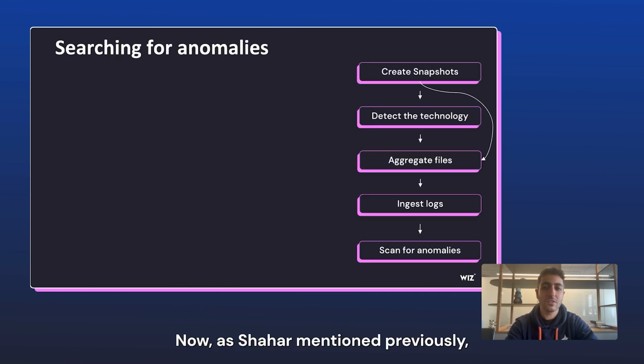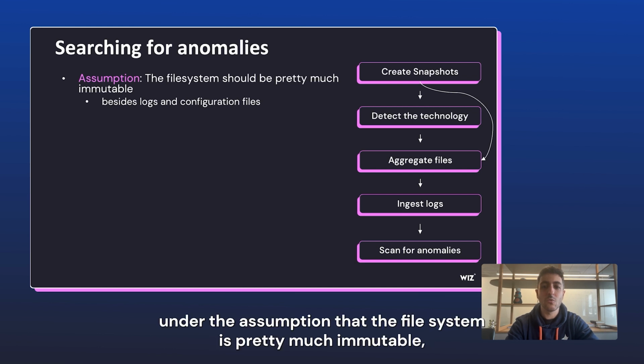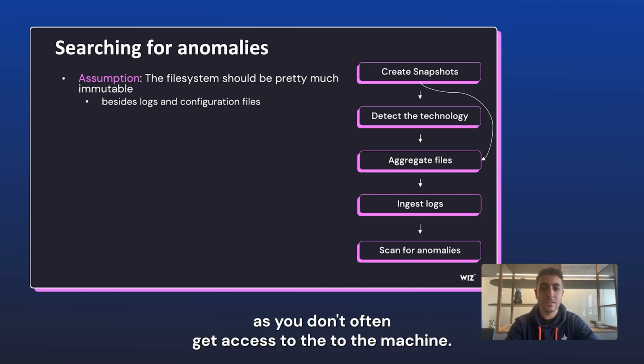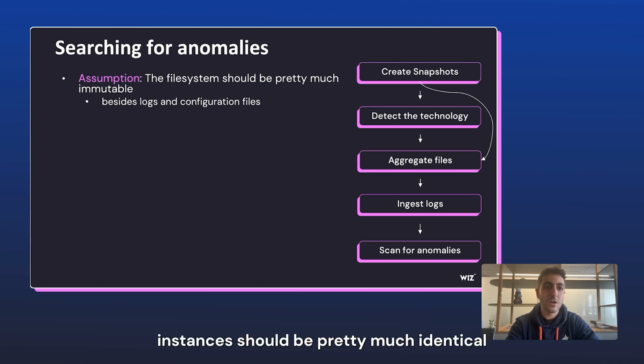Now, as Shahar mentioned previously, since PAN-OS is an appliance, we can work under the assumption that the file system is pretty much immutable, as you don't often get root access to the machine. This means that the file system between two different PAN-OS instances should be pretty much identical besides logs and configuration files.